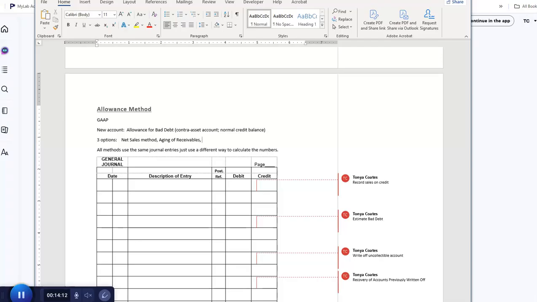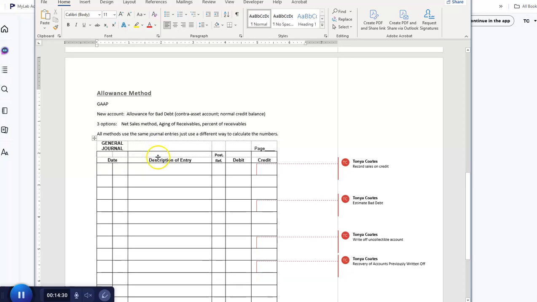And the third one would be percent of receivables. So net sales method, percent of receivables, and aging of receivables. No matter which of these 3 options we pick, the journal entries are going to look the same. It's just the process to get the number that is going to be different.